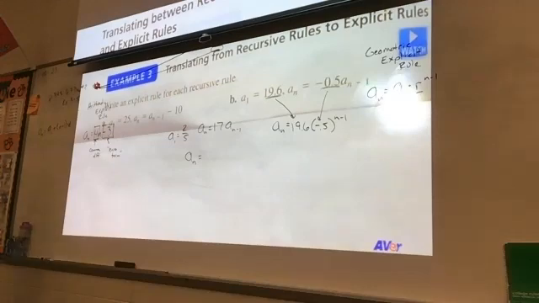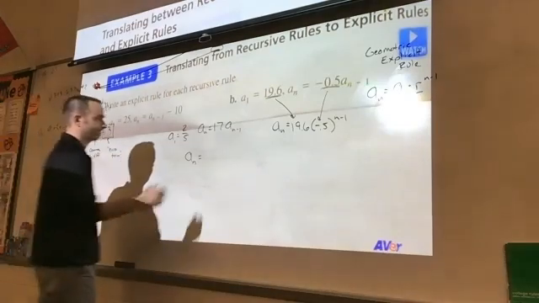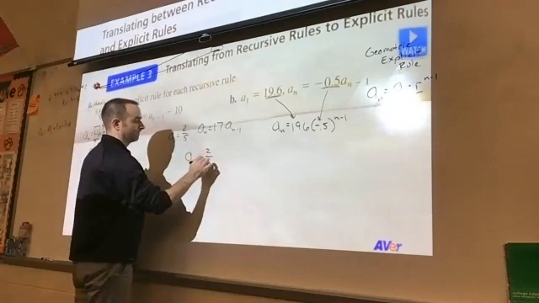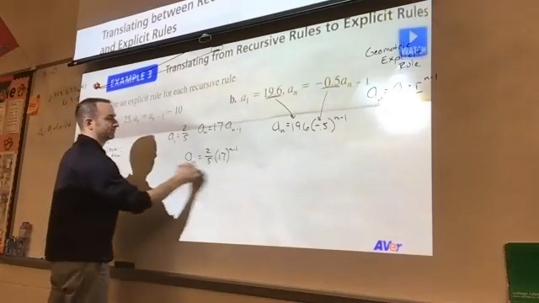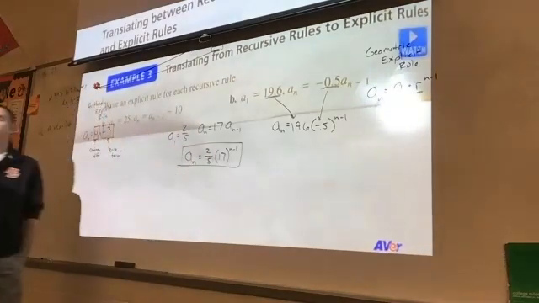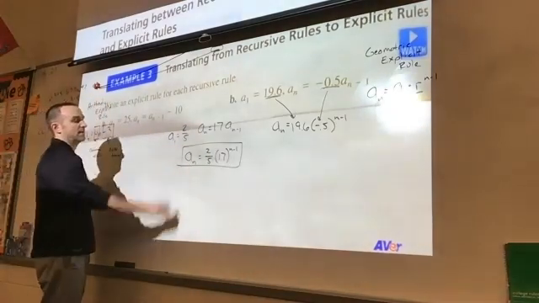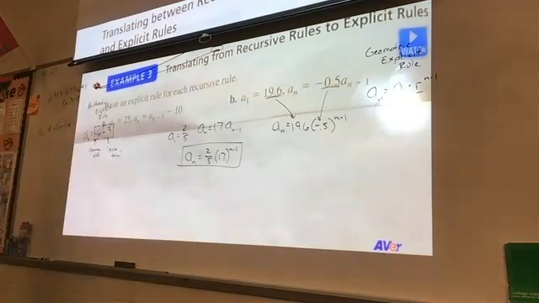And then tell the person next to you, what do you got? Okay, there we go. a sub n is equal to 2/5 parentheses. I put parentheses, you don't have to have parentheses there, but 17 to the n minus 1.